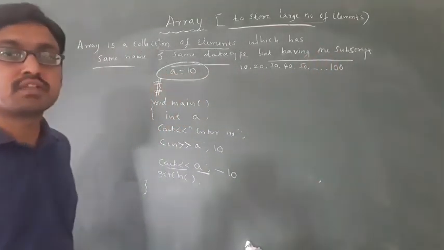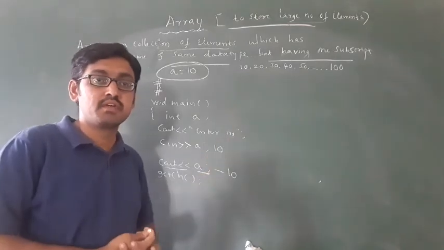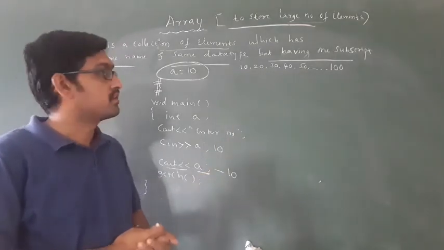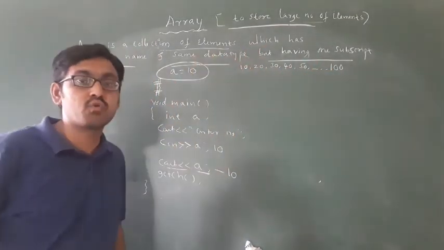I want to display these numbers. Then how to use an array? See, I want to display 10 to 100 numbers, then how to use an array?